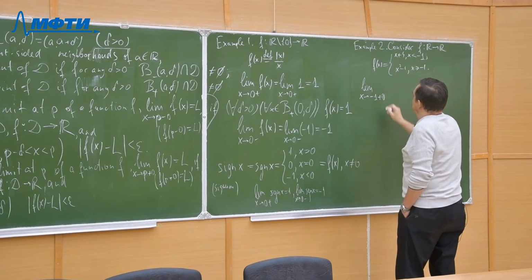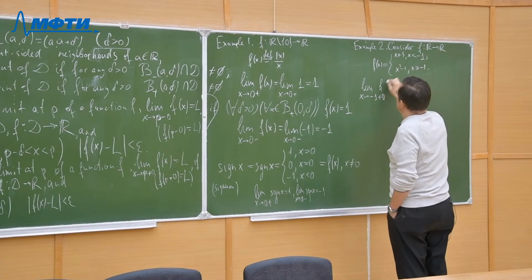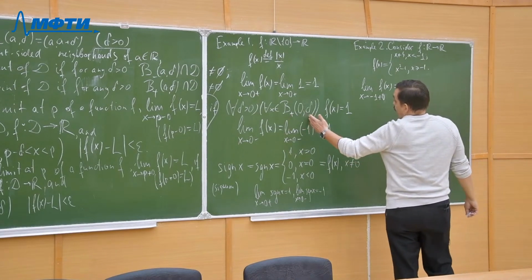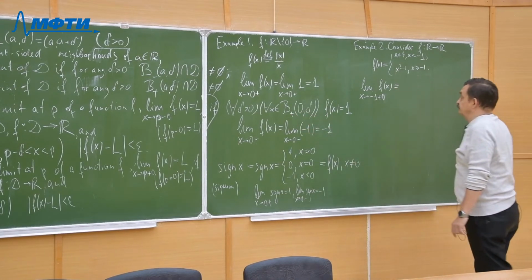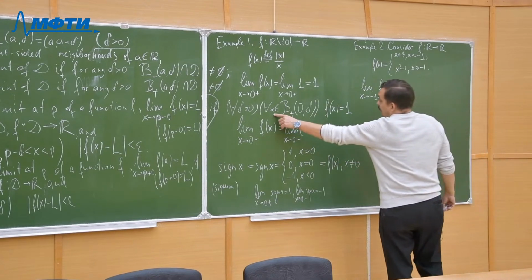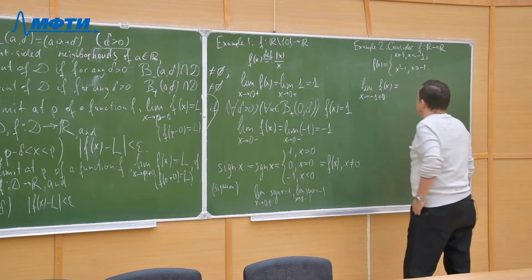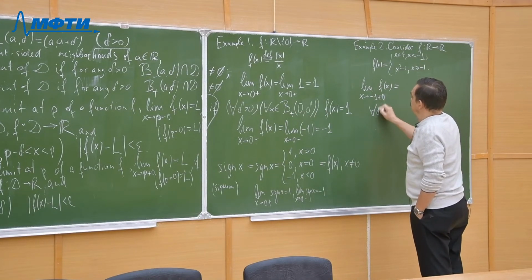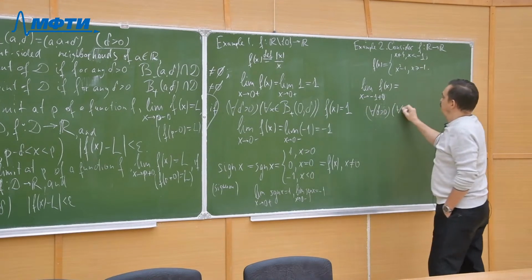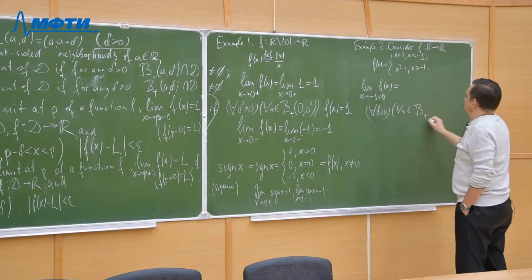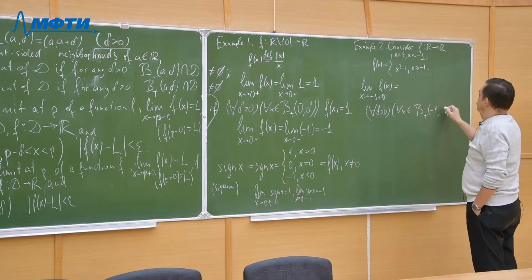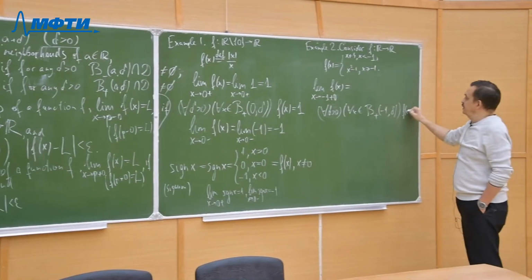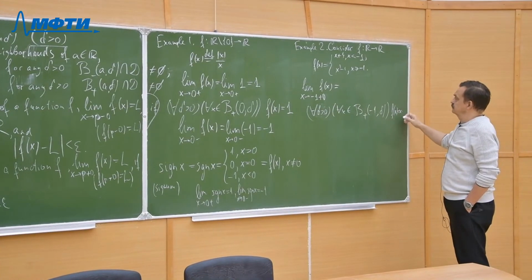Here, for arbitrary delta greater than 0, and for arbitrary x in the right sided neighborhood of minus 1, we have f of x equals x squared minus 1.